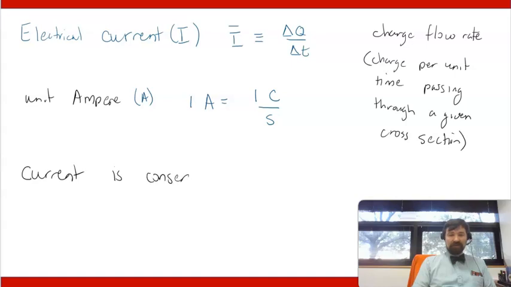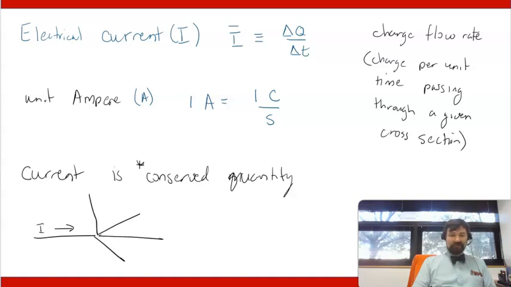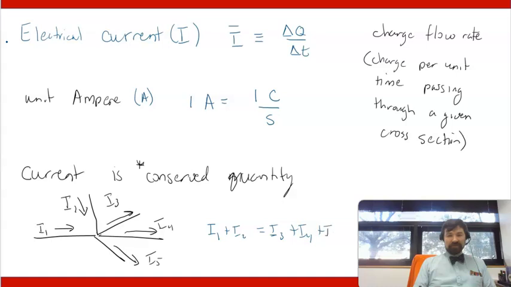And so what that essentially means is that if you have a junction like this, where I have current going into the junction, and then I have a split, so maybe I have like two currents going in, we'll call this I1 and I2, and then I have three currents coming out like this, I3, I4, and I5, then this conservation law would say that I1 plus I2 is I3 plus I4 plus I5.